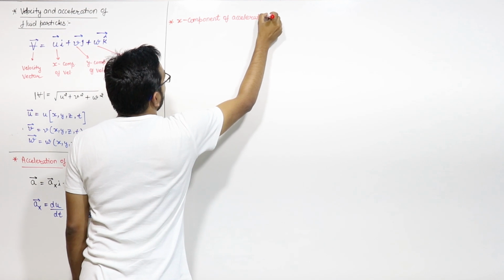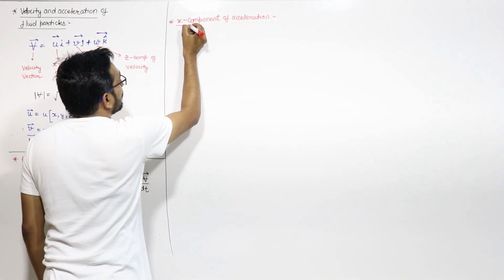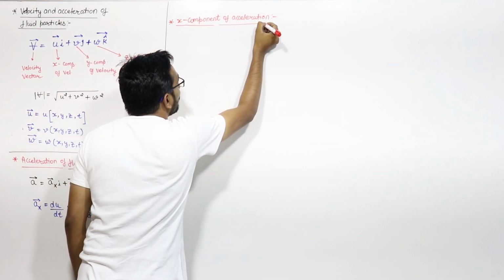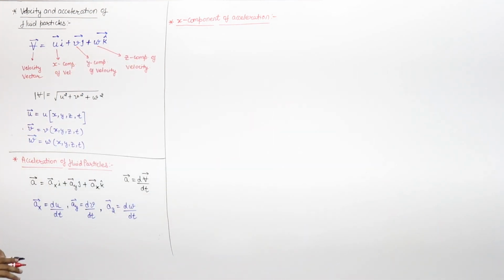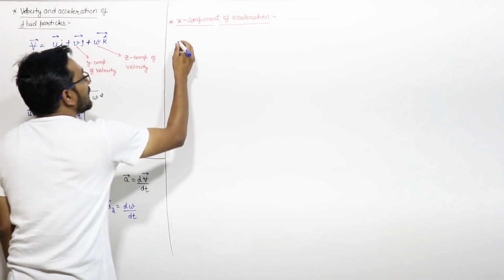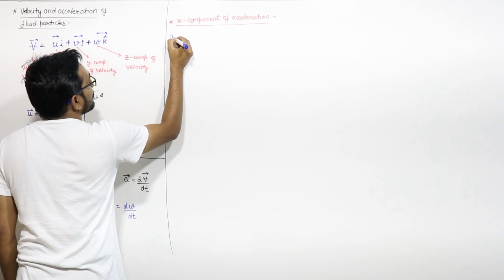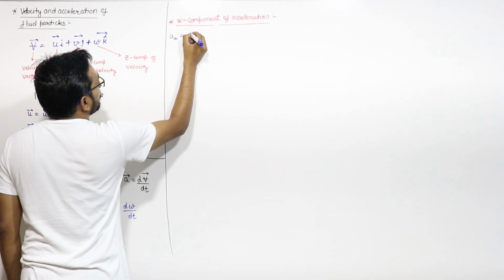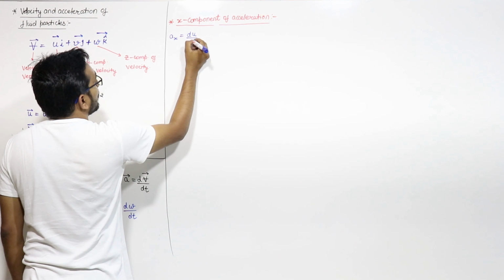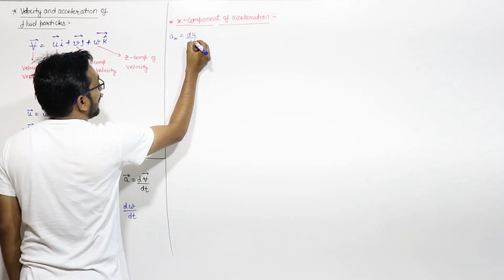This is more a differentiation problem rather than a fluid mechanics problem, right? I can write that the x component of acceleration will be equal to the differentiation of the x component of velocity with respect to time.